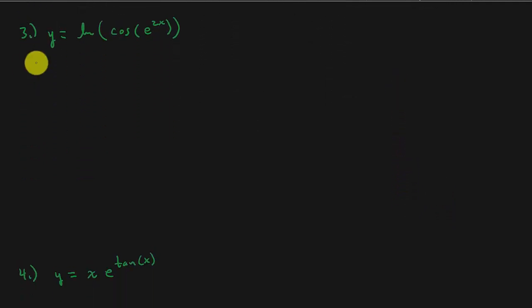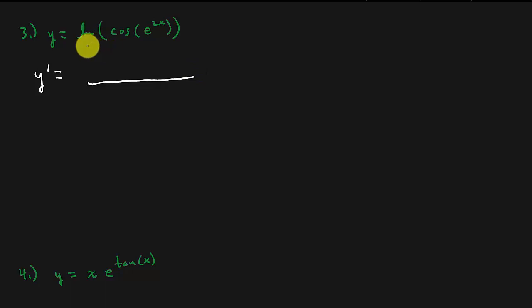All right, let's look at this one. This one has quite a bit in it. This is going back to what we've done in the previous videos. We've got a logarithm, we've got a trig function, and we've got e to a power. Let's just go through this and see what we get. So we're taking the derivative of the natural log.